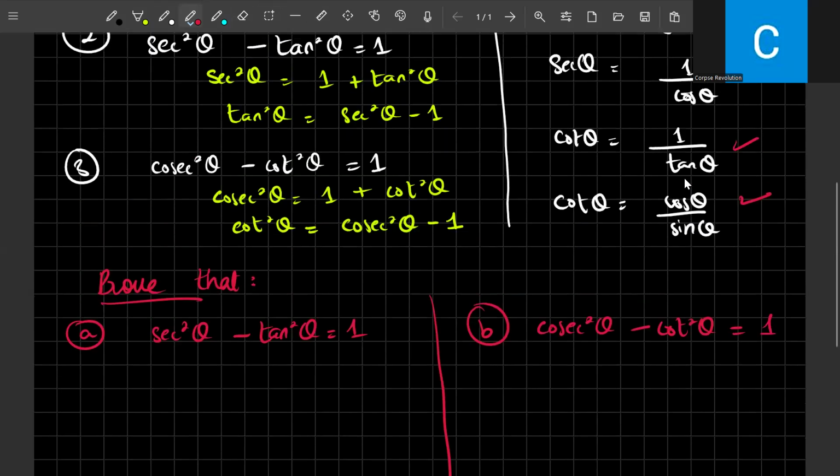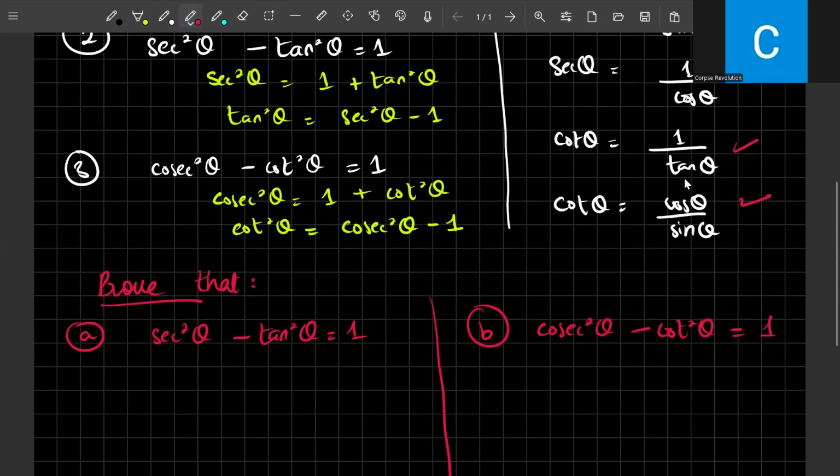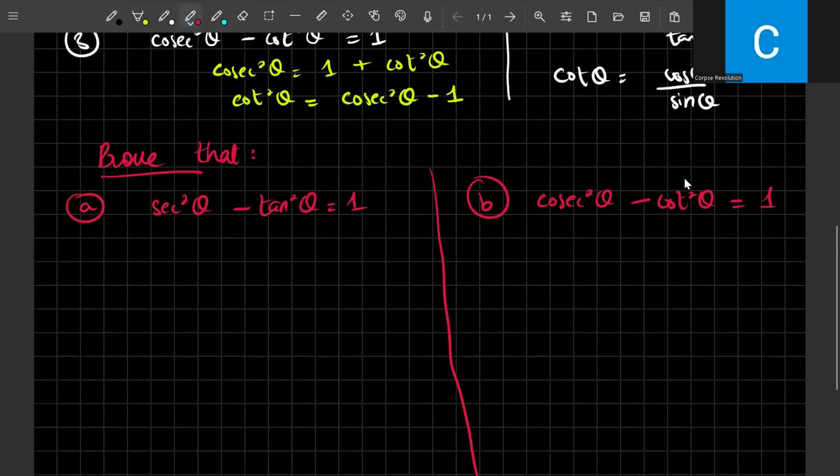So basically we have to prove the identities we just wrote above. So let's just prove it.